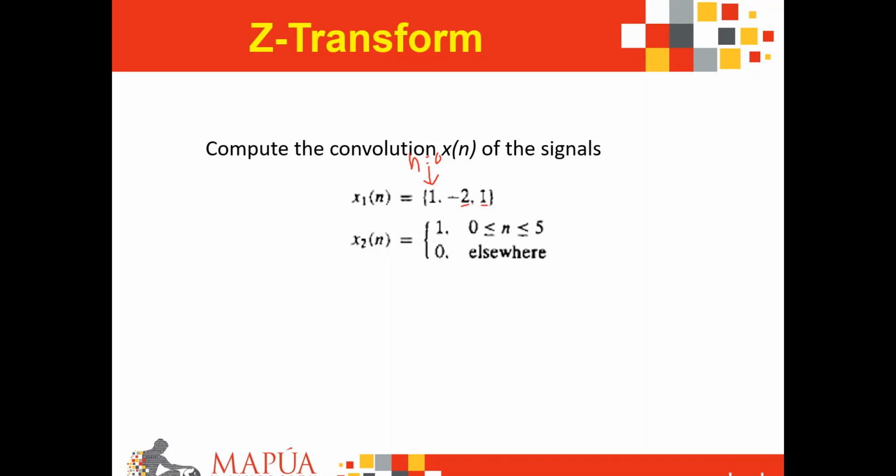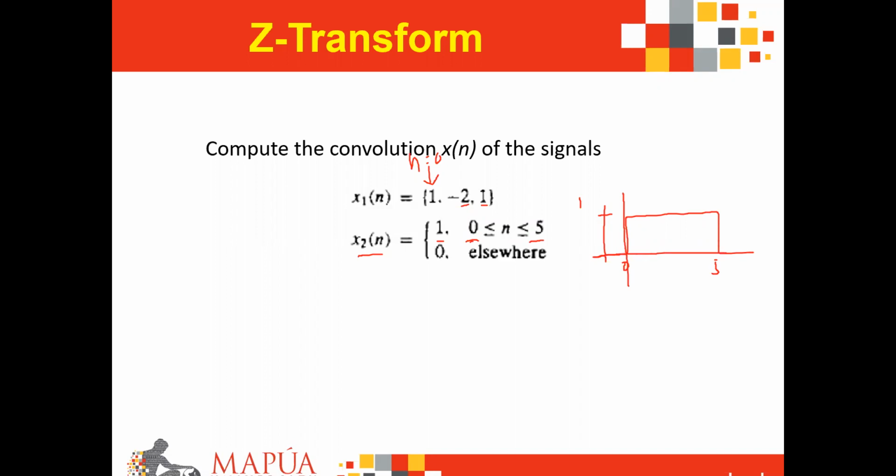Okay, in the second signal, the value is 1 from 0 to 5. So it's like a unit step, 0 to 5. Its amplitude is always 1, and 0 everywhere else. So this is your 0 marker.